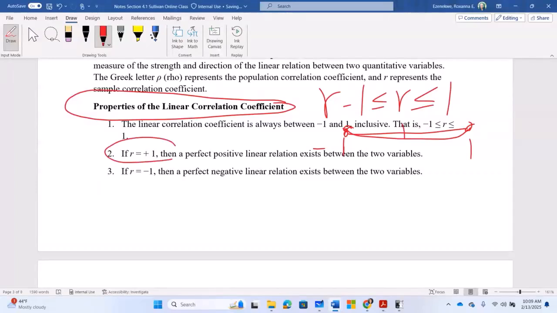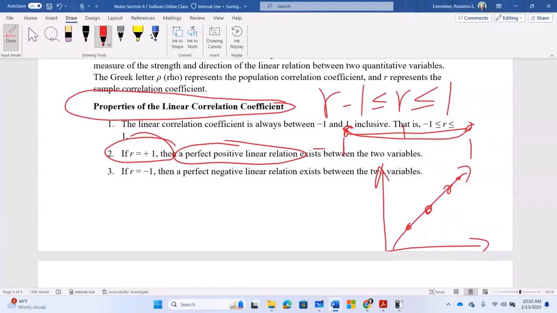If the linear correlation coefficient is +1, then all the points are on the line. So we call it a perfect positive linear relationship. Whenever r is equal to 1, we say we have a perfect positive linear relationship.